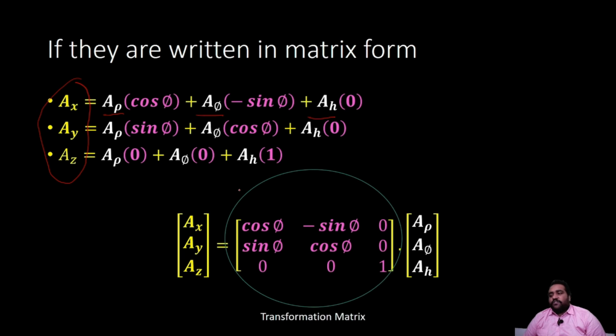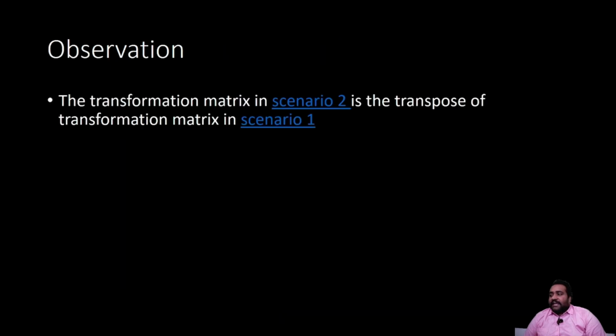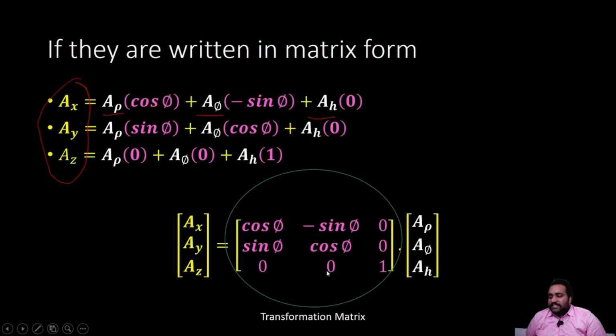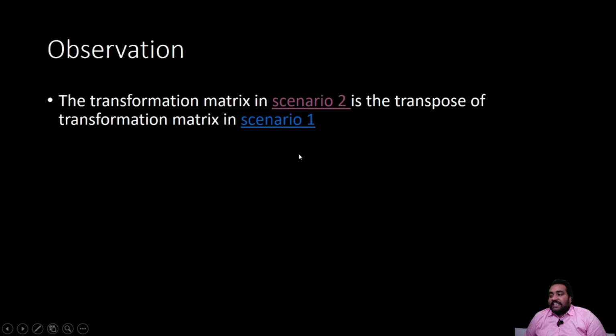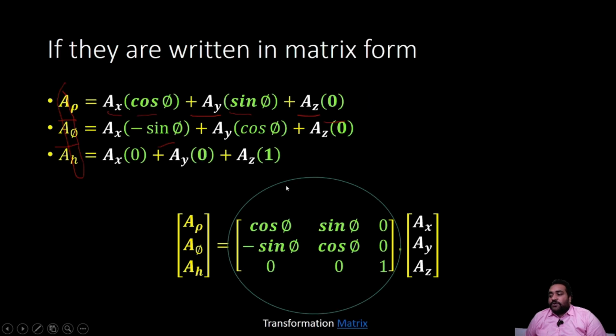This is the transformation matrix for scenario 2. An interesting observation which I can make is that the transformation matrix obtained in scenario 2, which is this, is just the transpose of the transformation matrix obtained in scenario 1.